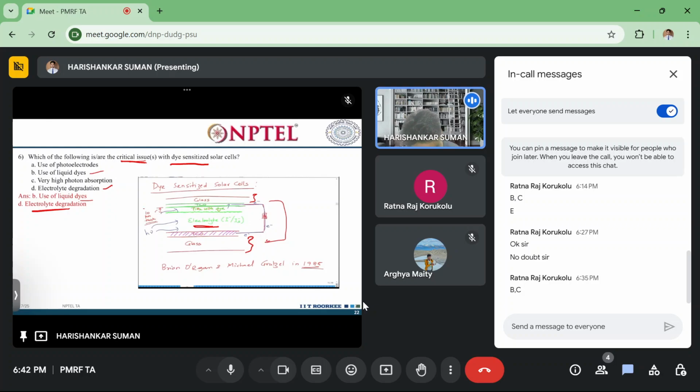The dye layer is about 10 micrometers thick. This was discovered by Michael Gratzel in 1985.